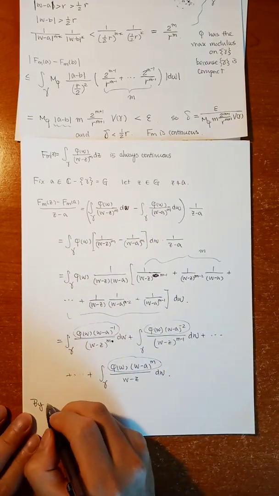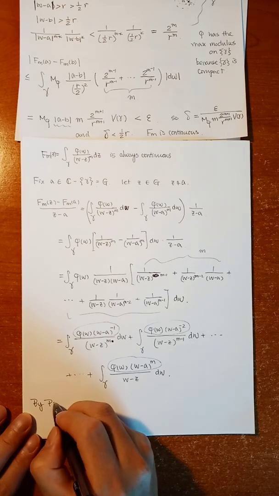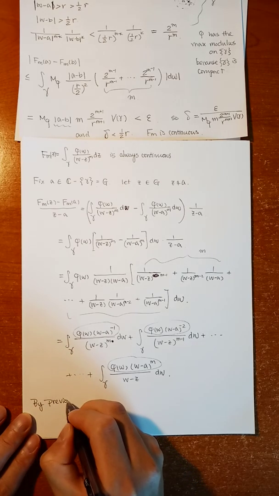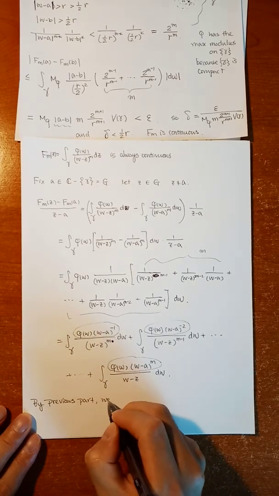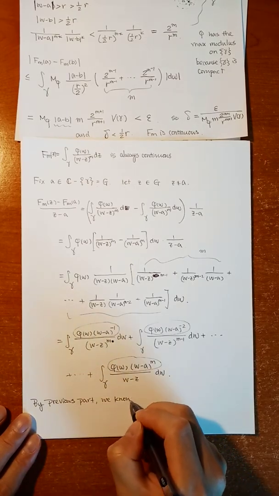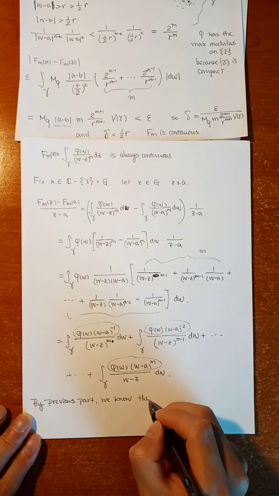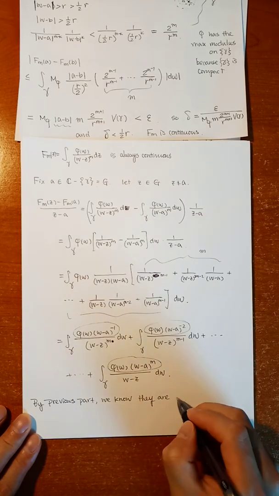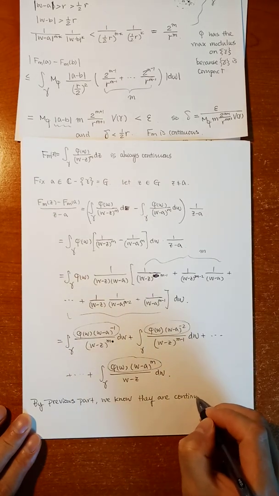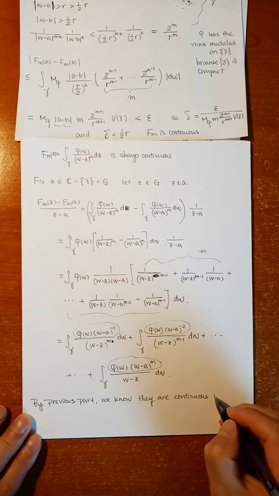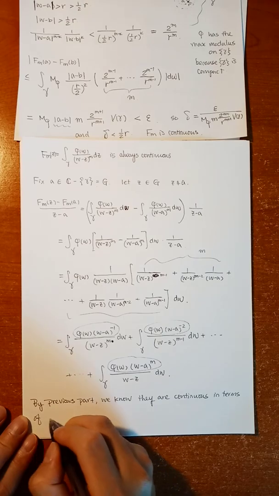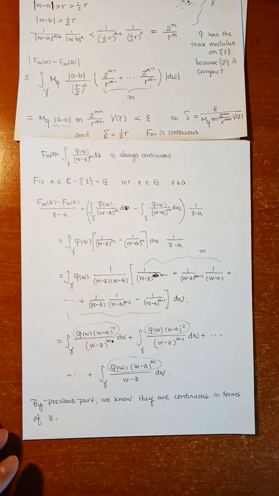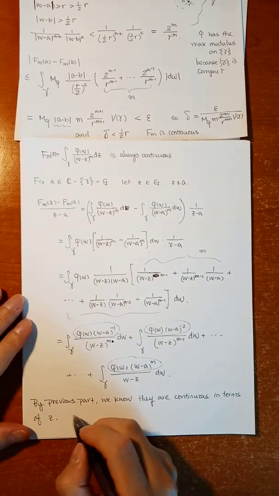By the previous part, we know they are continuous in terms of z, right? In terms of z, then we take the limit.